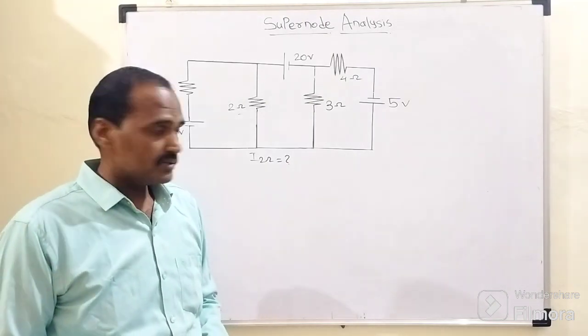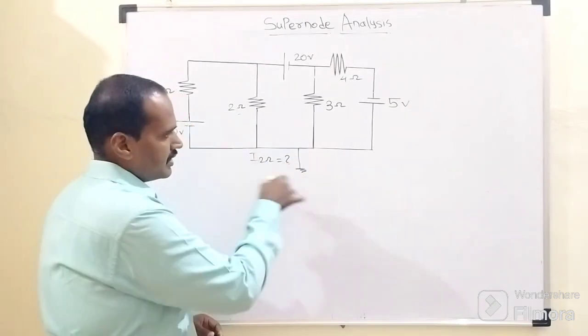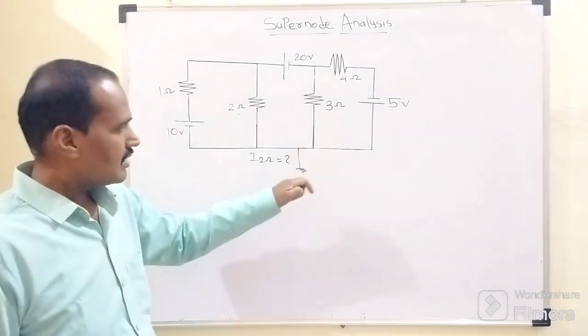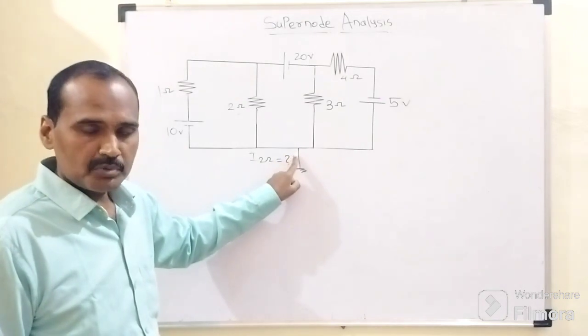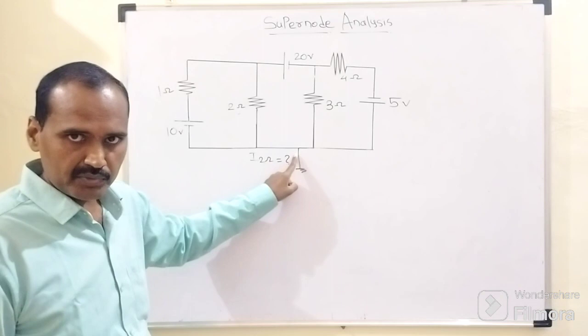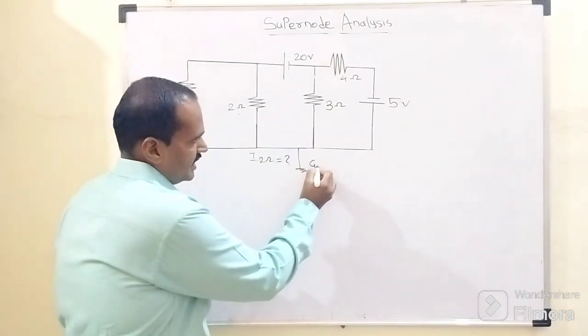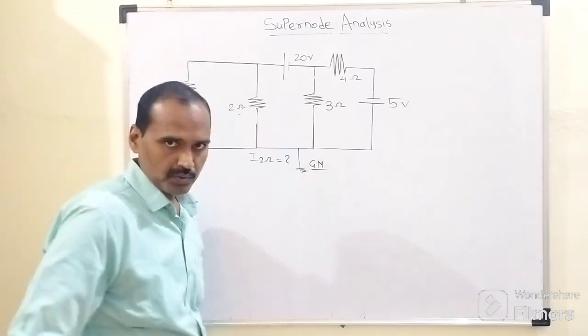So as you can see, this is our ground node. All the lower terminals of these branches are connected together to the same potential, that is 0 volt. So all these lower ends of these branches can be called the ground node, right?